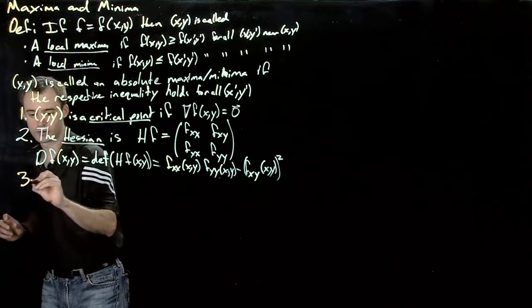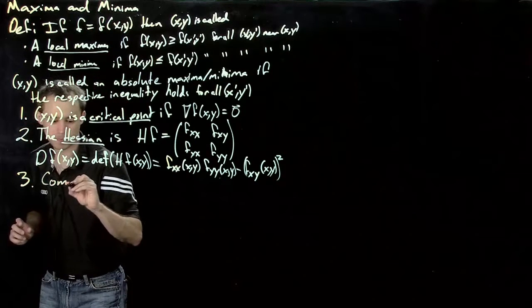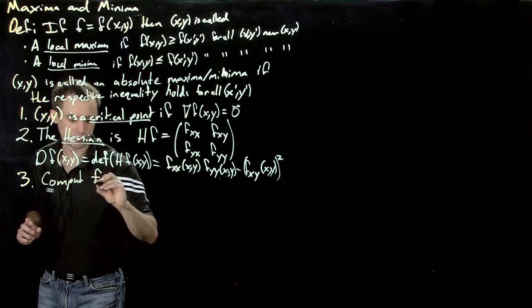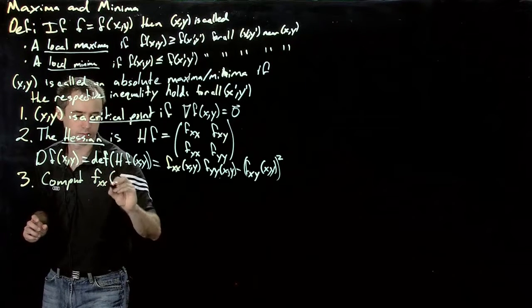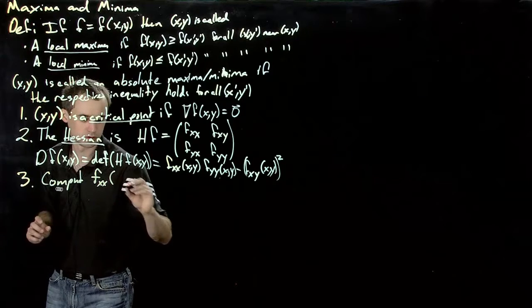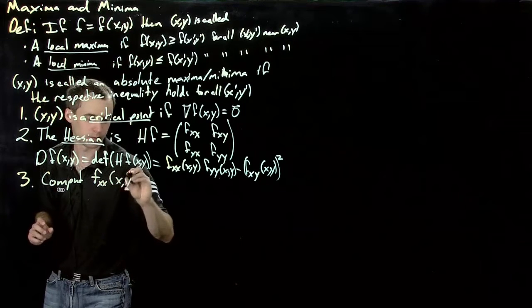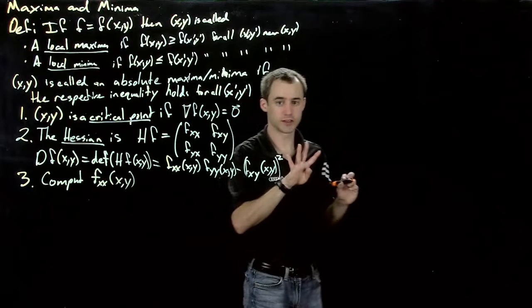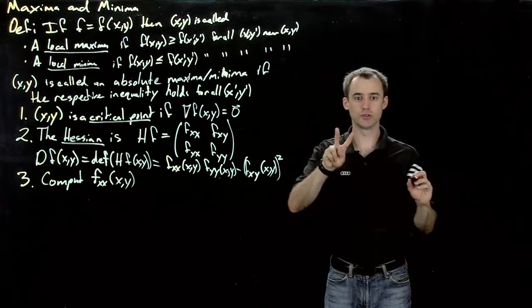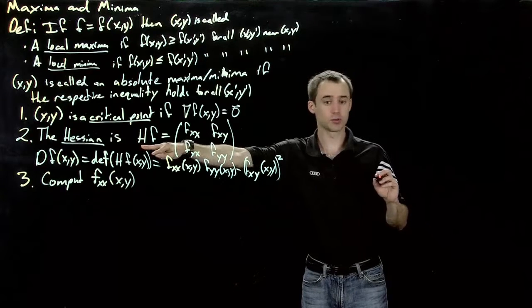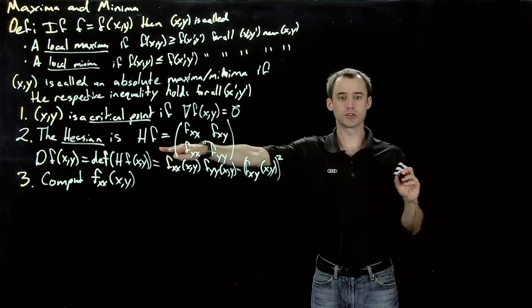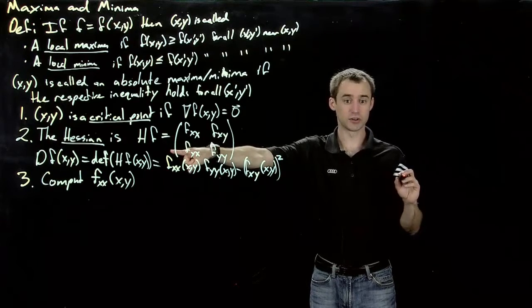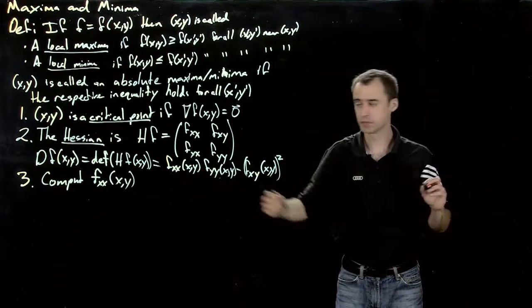So we compute f_xx at our point (x,y). And now we have 4 different cases. 2 of them where D, the determinant of our Hessian, is greater than 0, 1 where it's less than 0, and 1 when it's equal to 0.